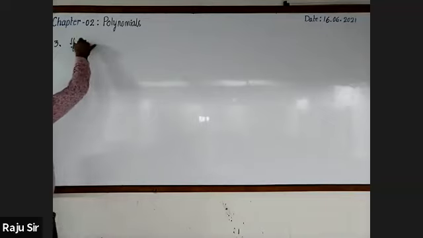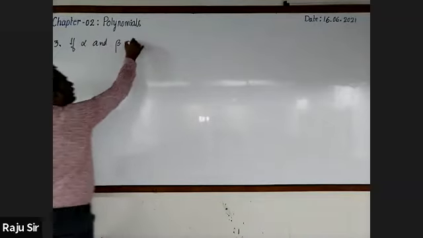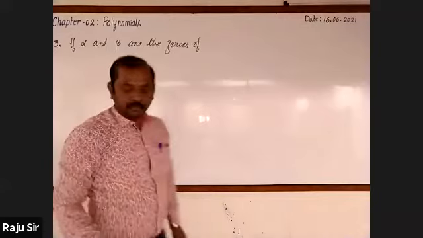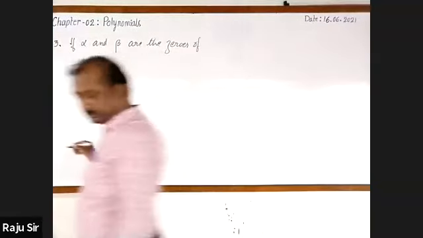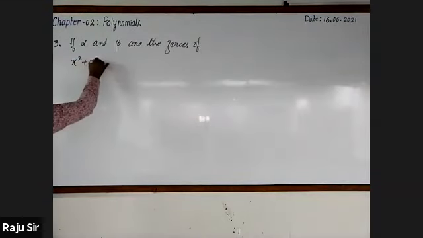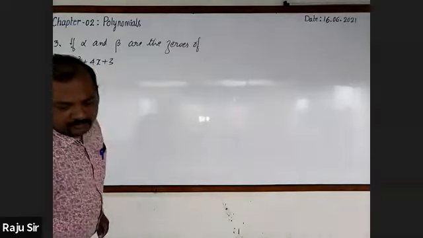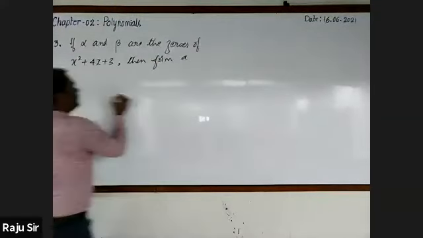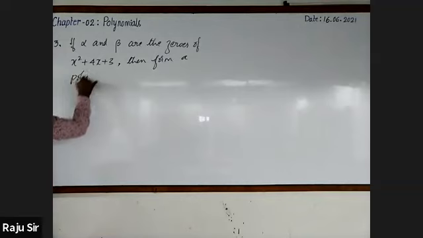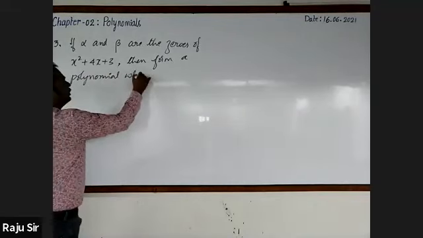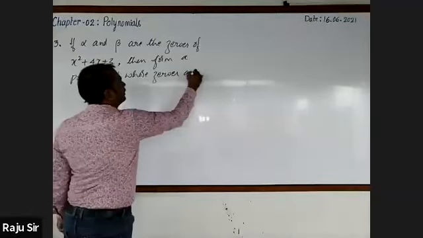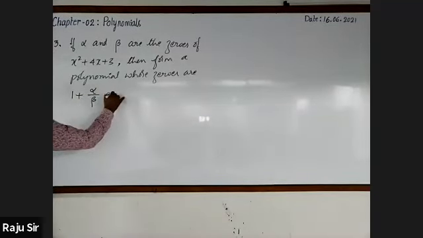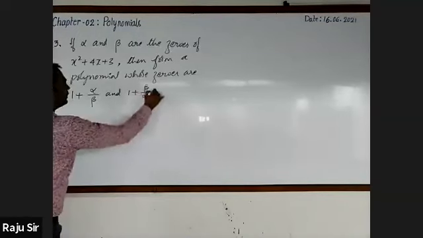If alpha and beta are the zeros of x square plus 4x plus 3, then form a new polynomial, or just you may write a polynomial whose zeros are 1 plus alpha by beta and 1 plus beta by alpha.